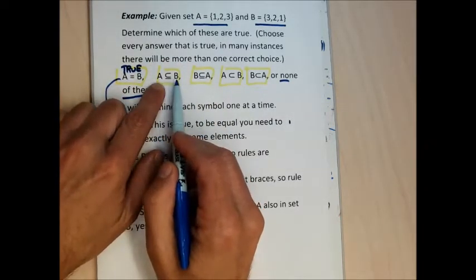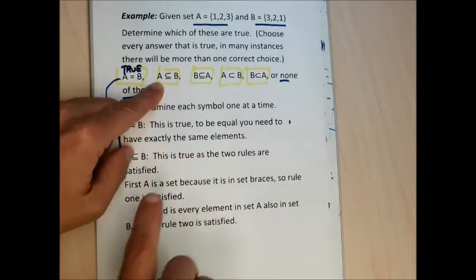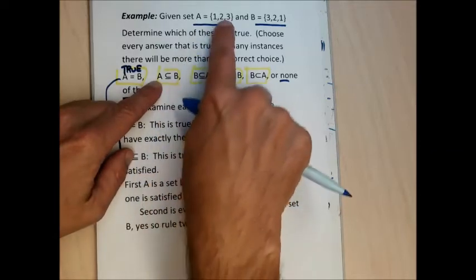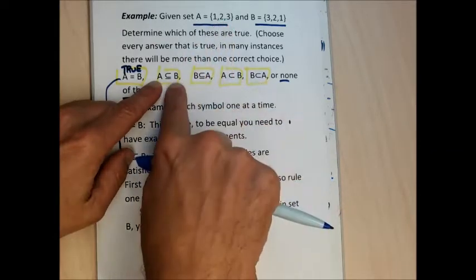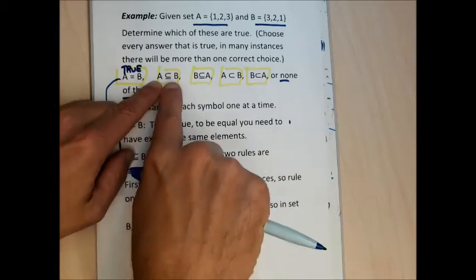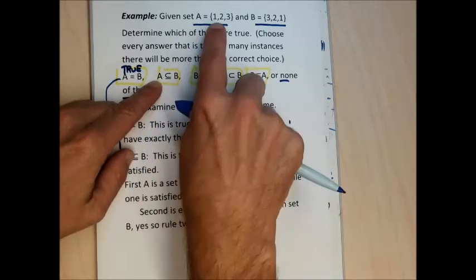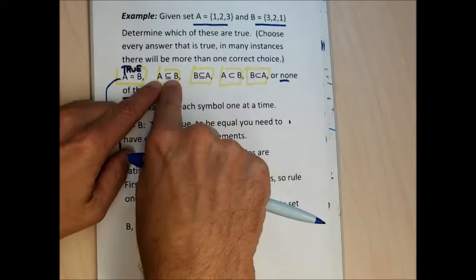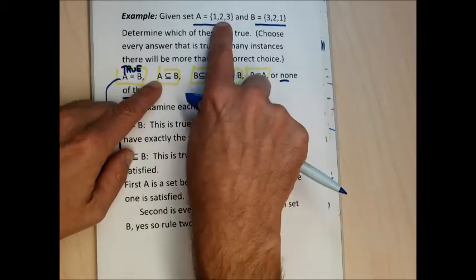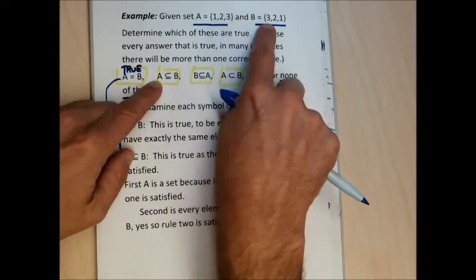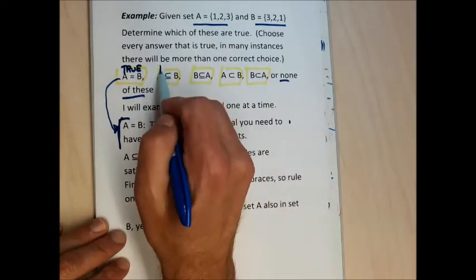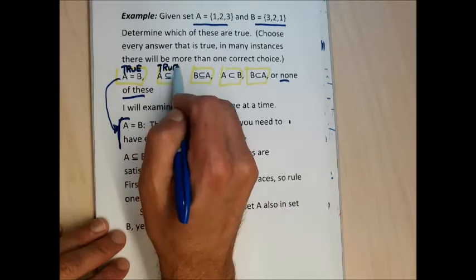Is A a subset of B? Let me talk about this. Is A a subset of B? Well, there's 2 rules that need to be satisfied. A has to be a set, and it's a set, and that's rule 1. Rule 2 is every element of A needs to be an element of B. It's okay if they're equal because I don't have the third rule here. 1 is in A, 1 is in B, 2 is in A, 2 is in B, 3 is in A, 3 is in B. So I'm going to say A is a subset of B because it satisfies the 2 rules to be a subset.